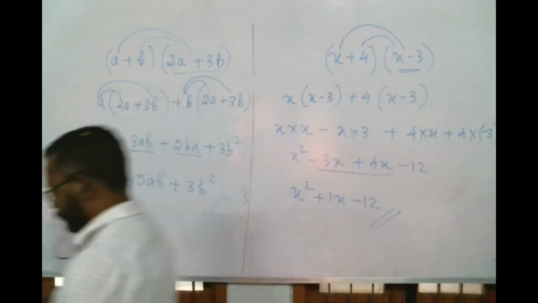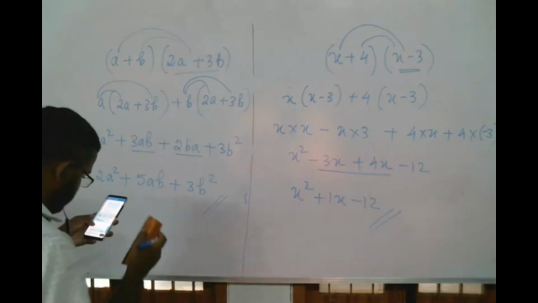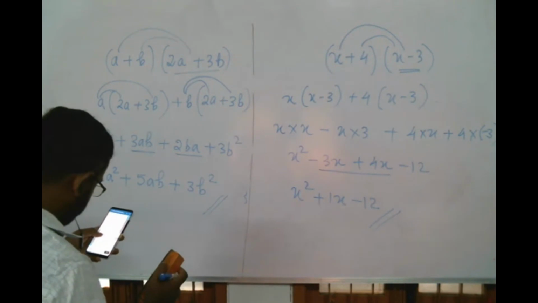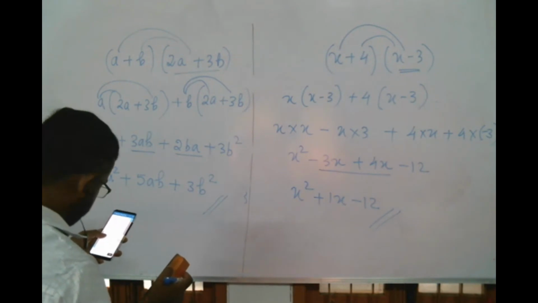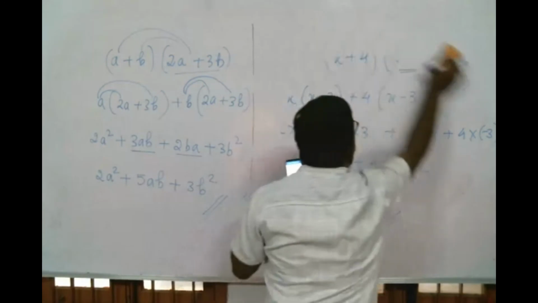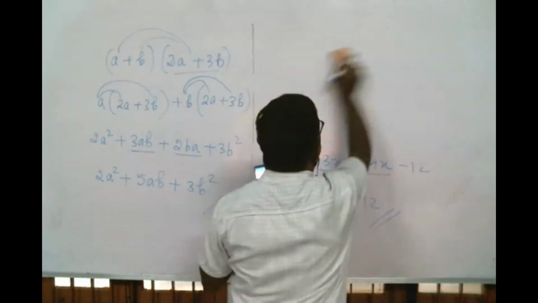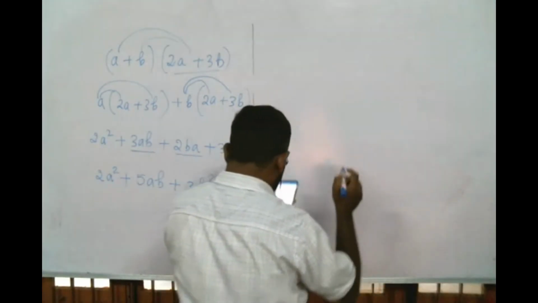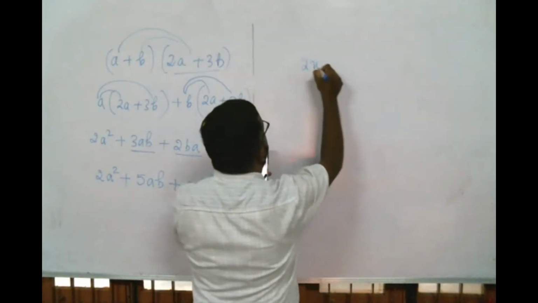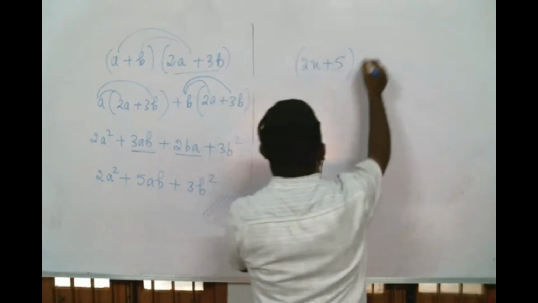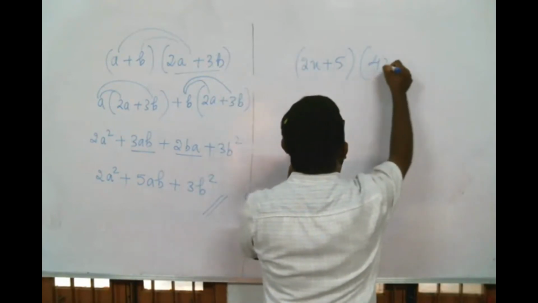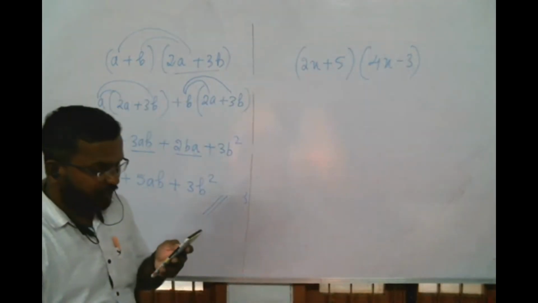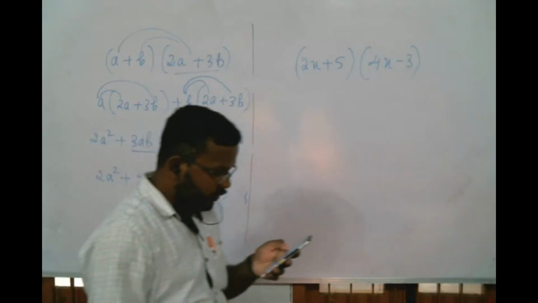Okay. 2x plus 5 multiplied by 4x minus 3. So all of you do this question now.